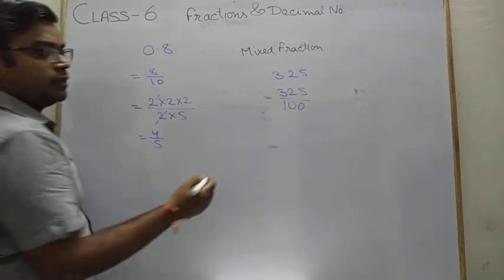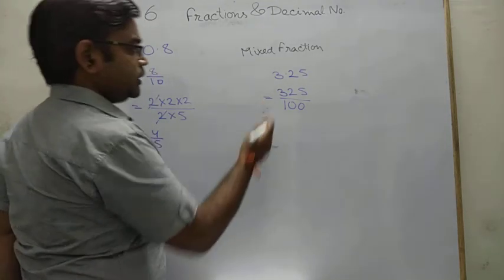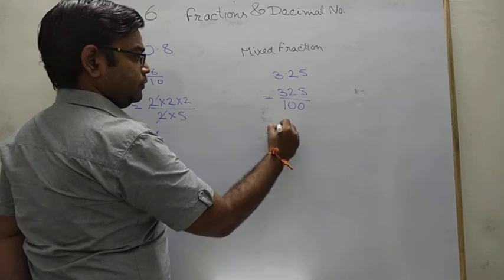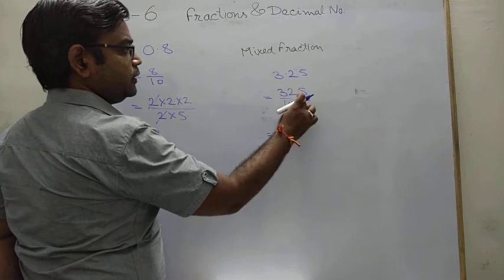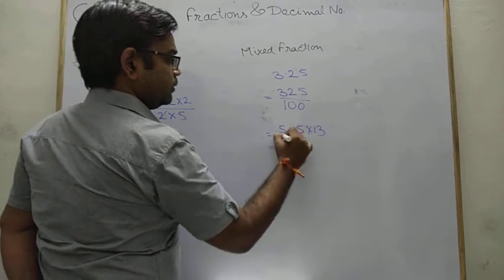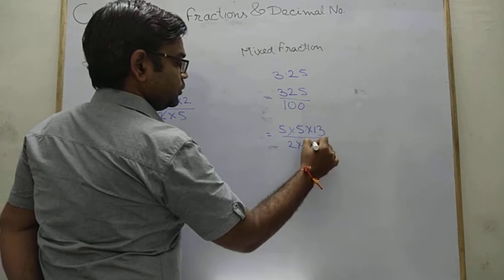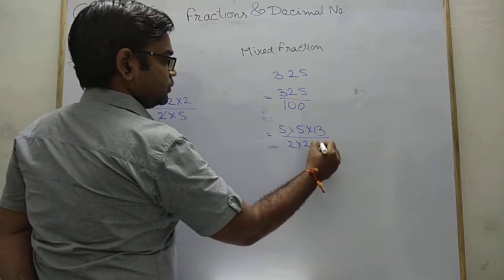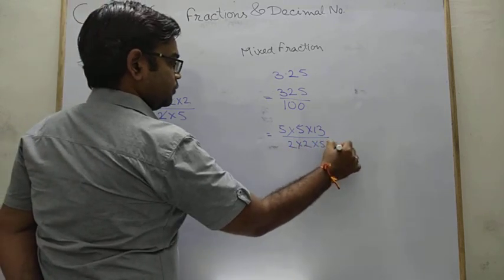Now simplify this. How do we simplify? Okay, let's start. 5 6s are 30, 5 5s are 25, then 5, then 13 by 2 into 2 into 5.